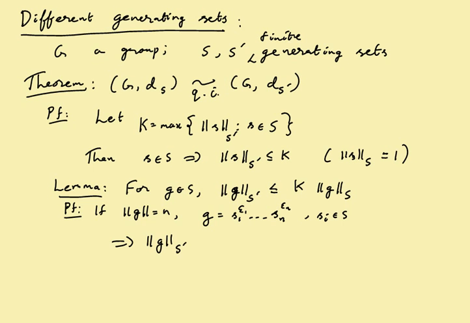So the norm of g with respect to S prime is less than or equal to the norm of s1 with respect to S prime, where I dropped epsilon i because of the symmetry property of the norm, plus and so on up to the norm of sn with respect to S prime. Now each of these is less than or equal to K, so this is less than or equal to K times n, which is K times the norm of g. Okay, so this concludes the proof of the lemma.